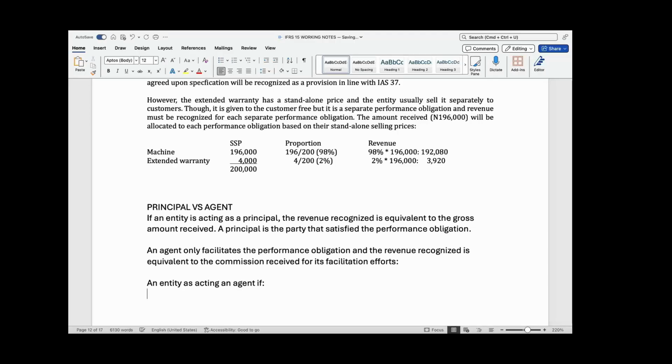An entity is acting as an agent if it does not have inventory risk, that is, any loss of the goods does not recourse to him.